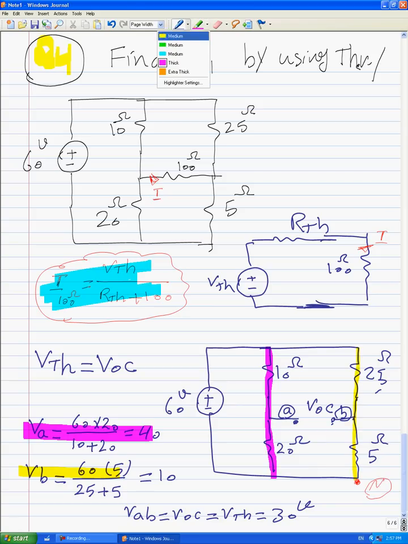This is the final answer for Thevenin voltage.